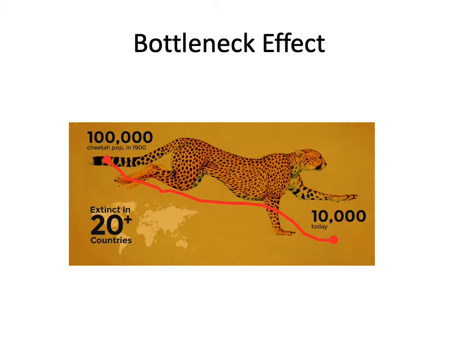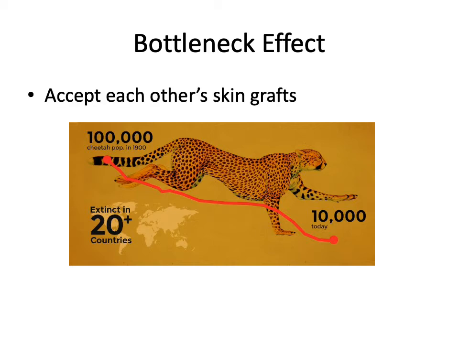So the populations have been very, very much reduced, and these individuals are reproducing with each other. There's nobody else to reproduce with except close relatives, and their genetics are very, very similar to each other. Their variability has been greatly reduced, and they're so similar that they can accept skin grafts from each other.